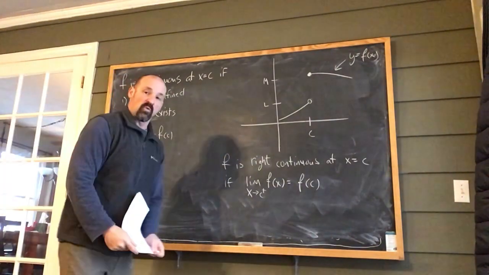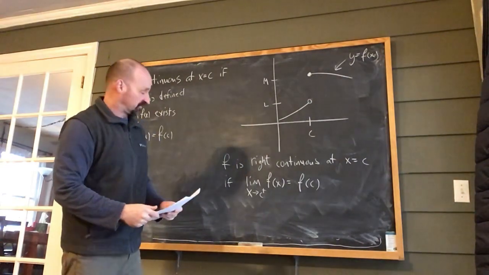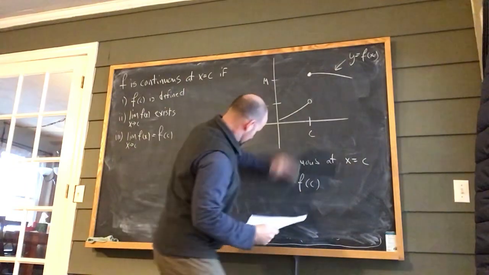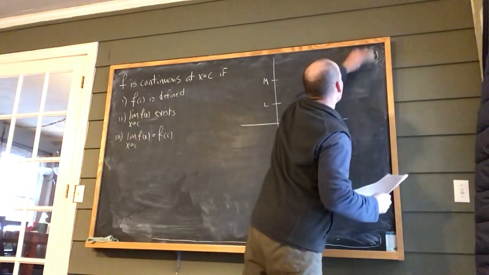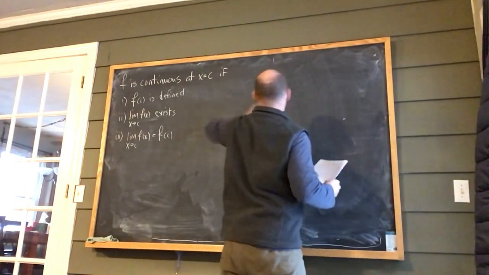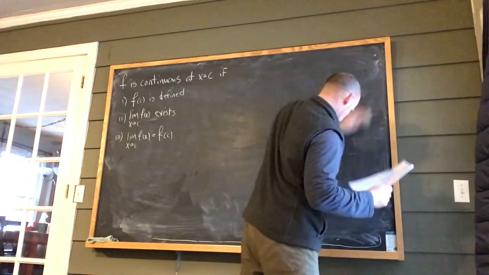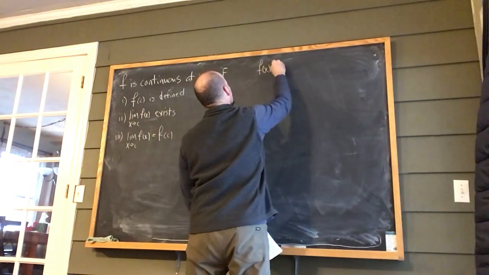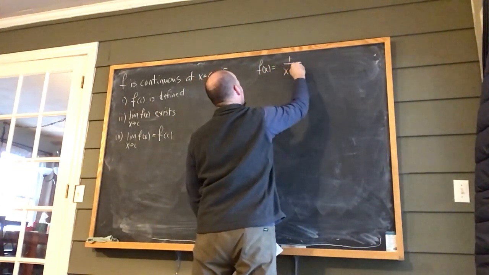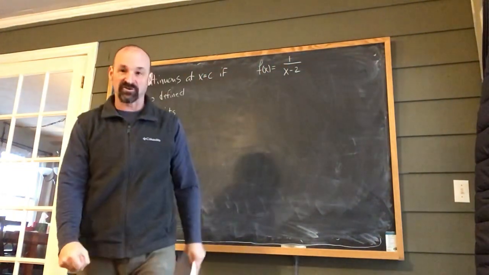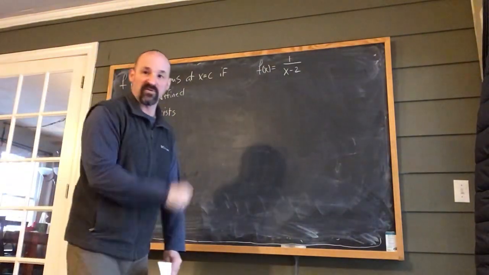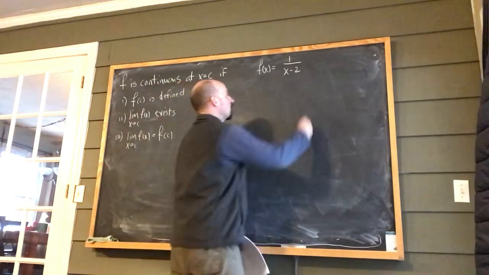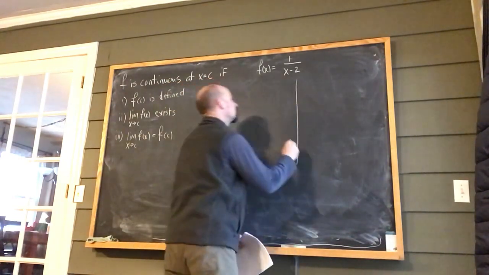All right, well, there's one other type of discontinuity I want to look at. And to do it, let's look at this rational function. Let's graph it. This is something that we all are taught how to do in our pre-calc course. The graph of this function would look like this.